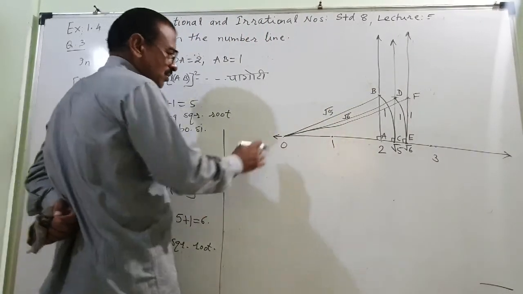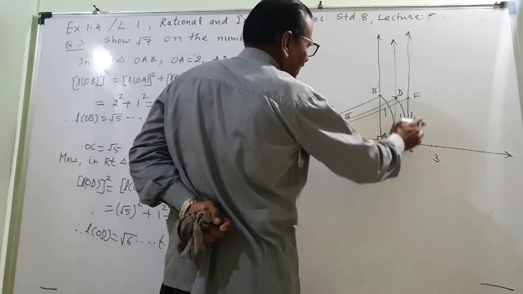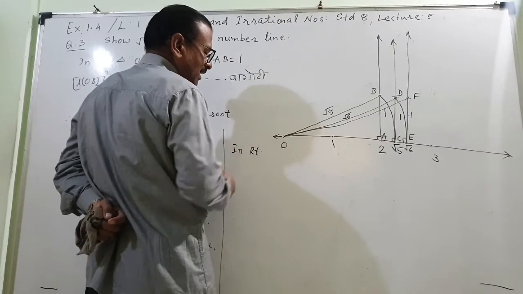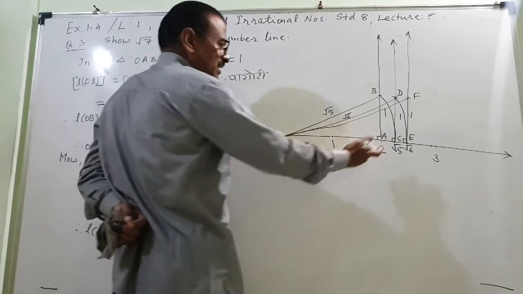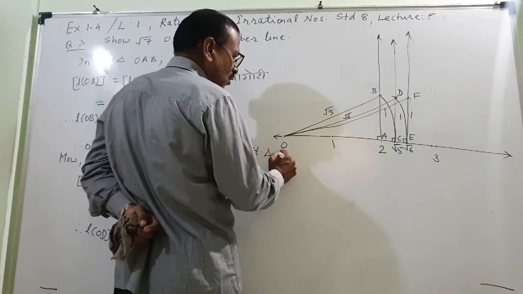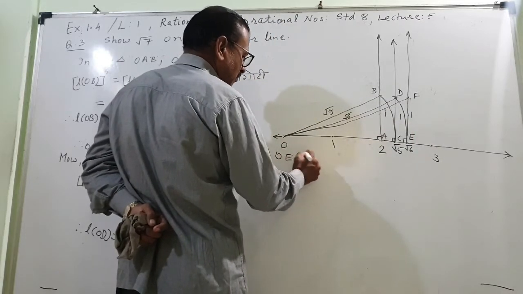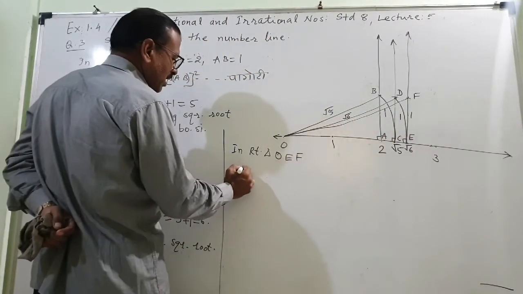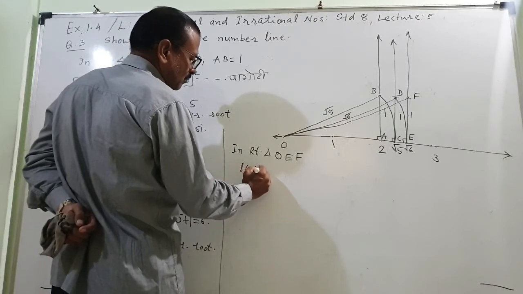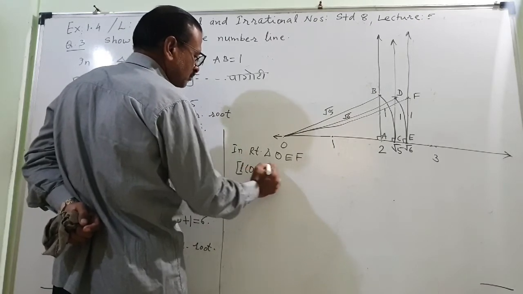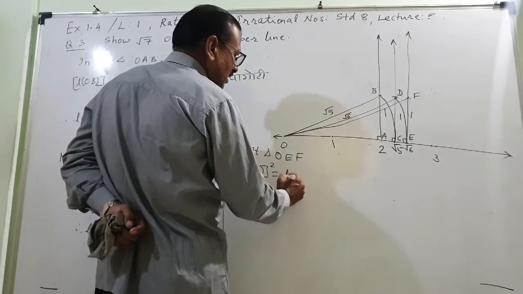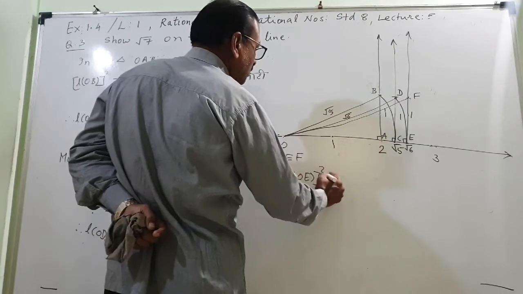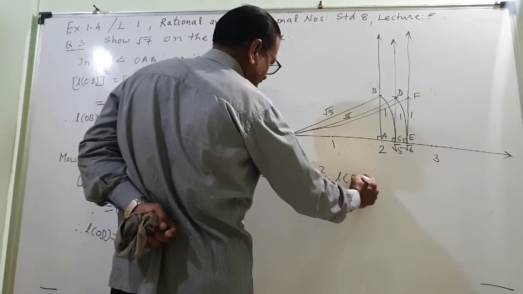Which triangle now? O, E, F. In right triangle, right triangle means one angle is 90 degree. OEF, which is the hypotenuse? This, OF. OF square is equal to length OE square plus length EF square.